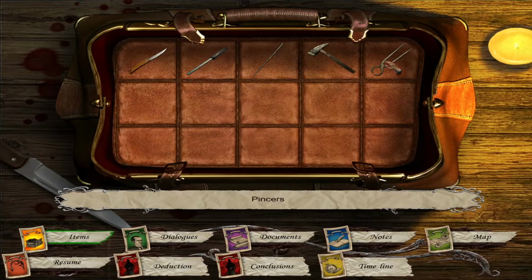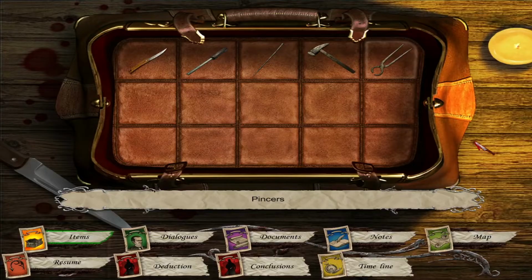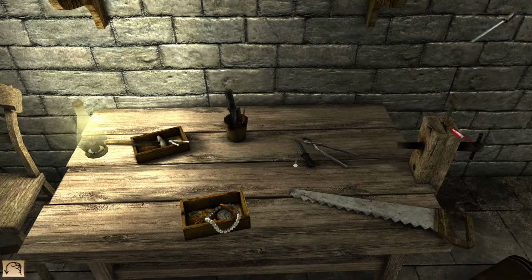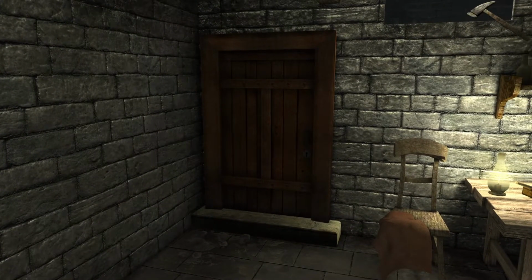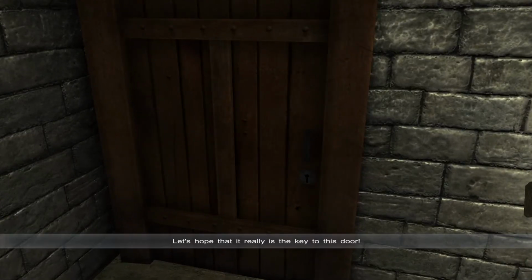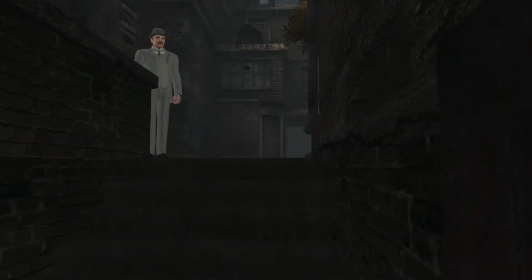And now we use these, I guess. Okay. So now we can leave from here. I hope. I do hope. Where is the key now? There it is. Let's hope that it really is the key to this door. Well, if it's not, then you're... So, Holmes?